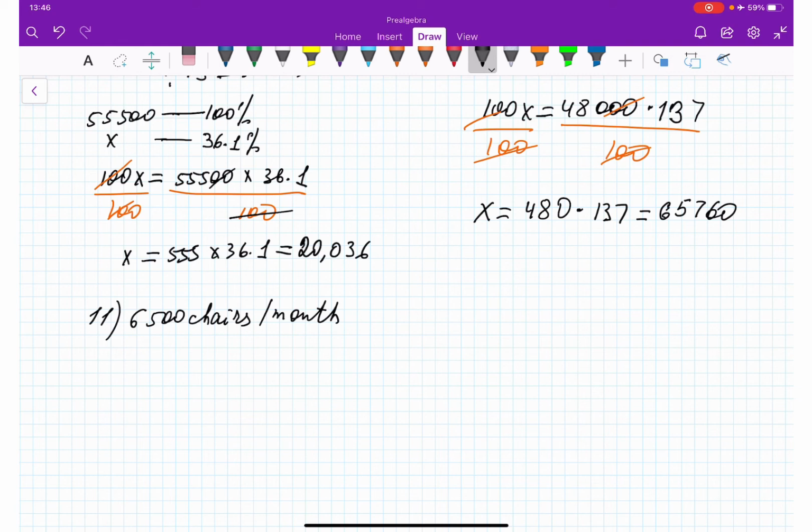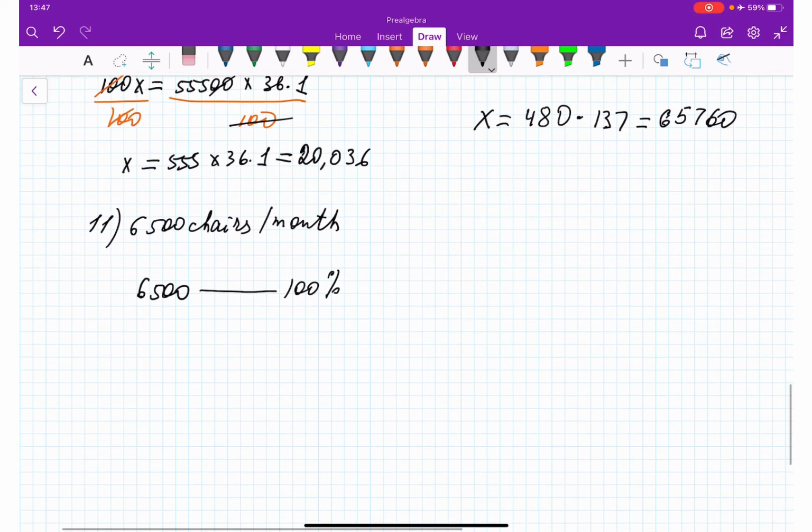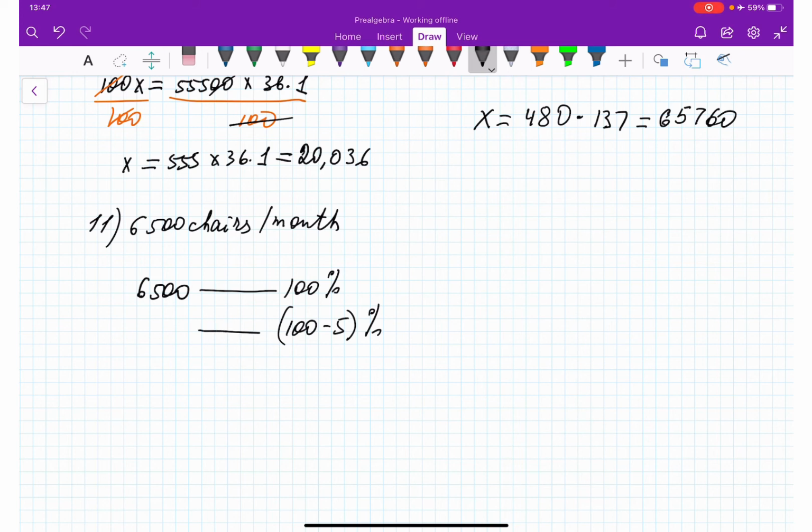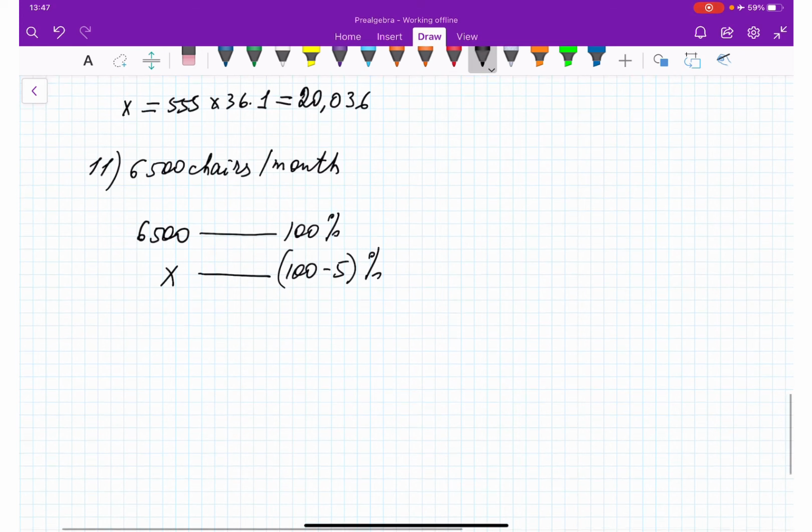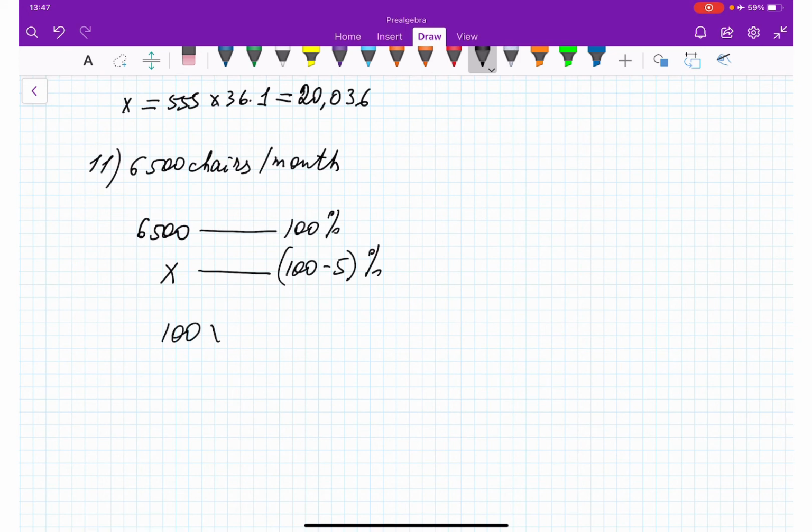If production decreases by 5%, okay, find the amount of decrease and the new number. Okay, so what do we have? 6,500. So the decrease goes from 6,500. That means 6,500 is 100%, right? And it says if production decreases by 5%, which is going to be 100 minus 5%, and how much that will make? X.